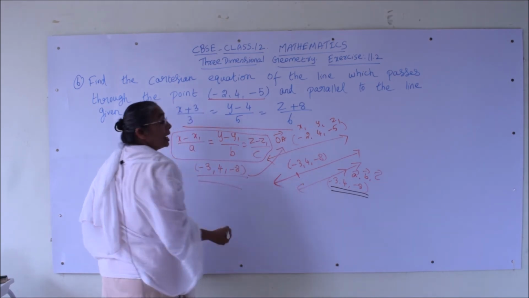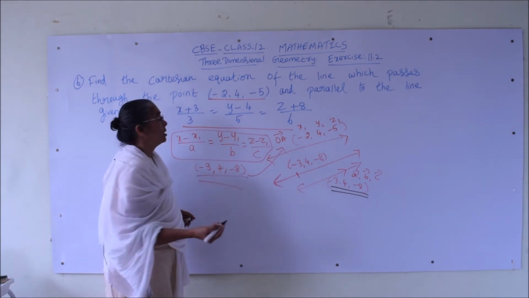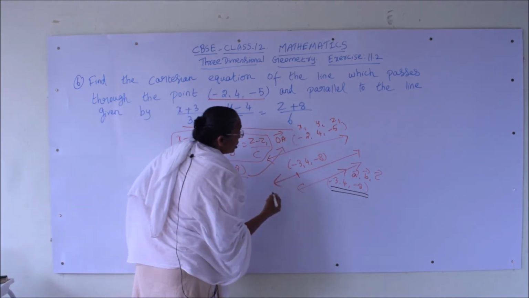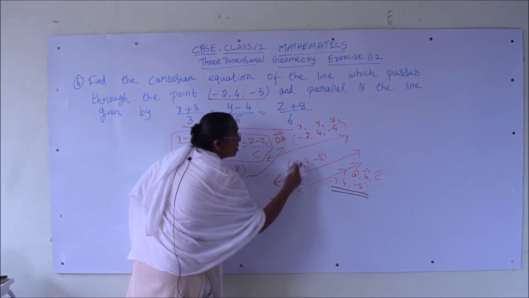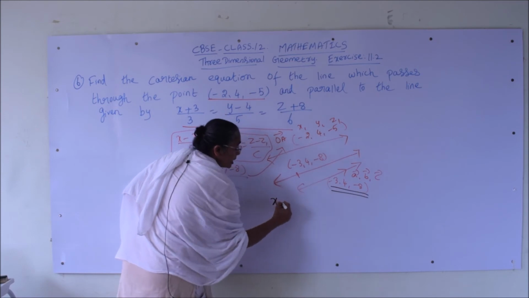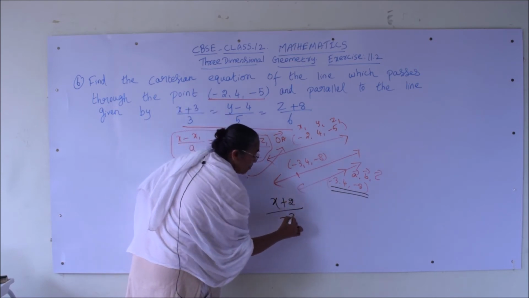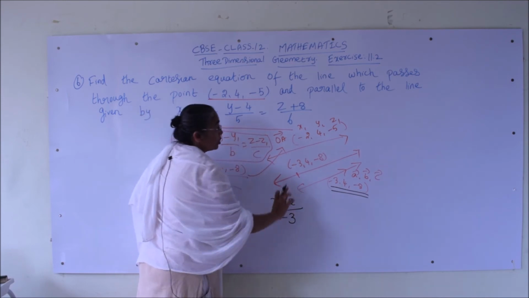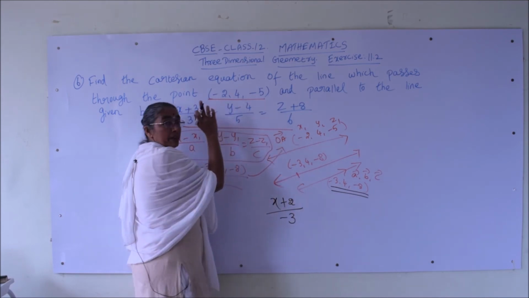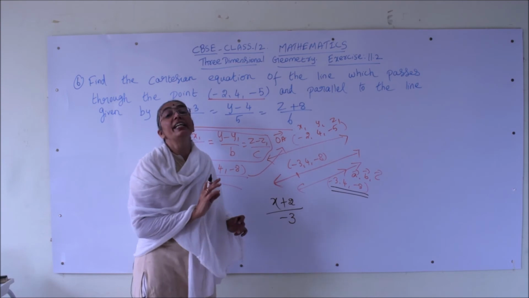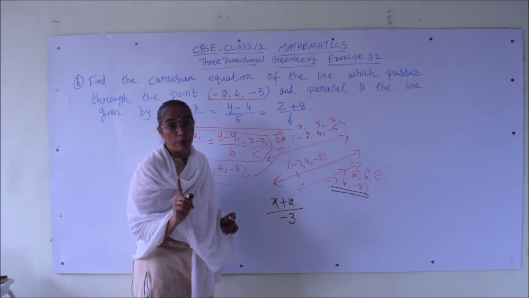The question asks directly for the Cartesian equation. So the Cartesian equation of the straight line, with this x1, y1, z1, is x minus of minus 2, that is x plus 2, by the same DRs of this line. Since the given line and our required line are parallel, their DRs are the same. That is the one point you should remember.